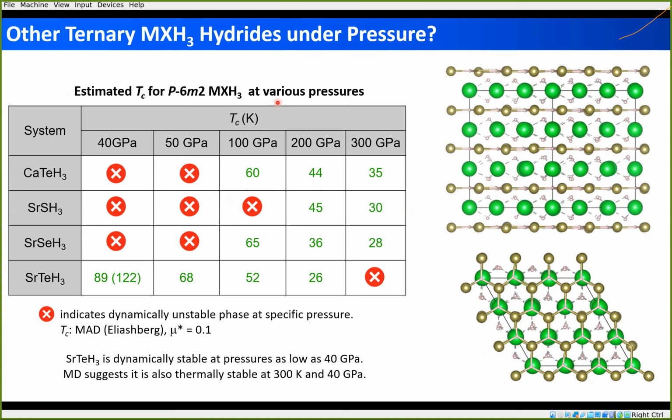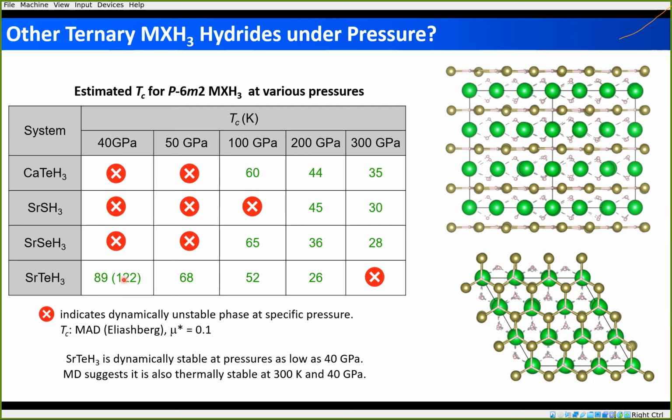And if they are, one can calculate the Tc first using the crudest expression, the Allen-Dynes modified McMillan expression, using a value of mu star of 0.1. These are the Tcs that we calculate, and the highest Tc at the lowest pressure found with this Eliashberg solution of the equations could be on the order of 120 Kelvin.